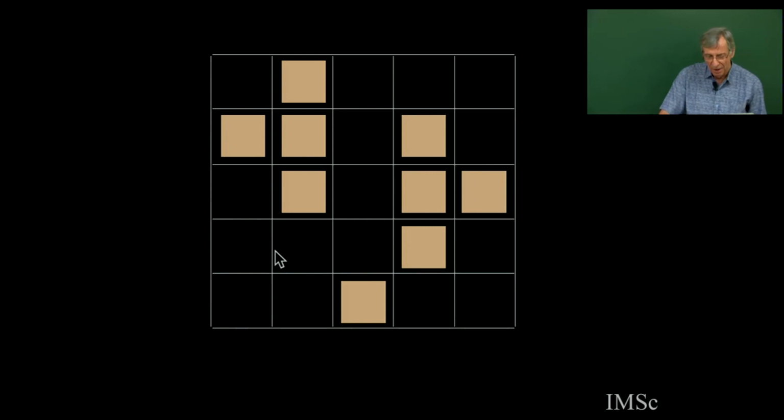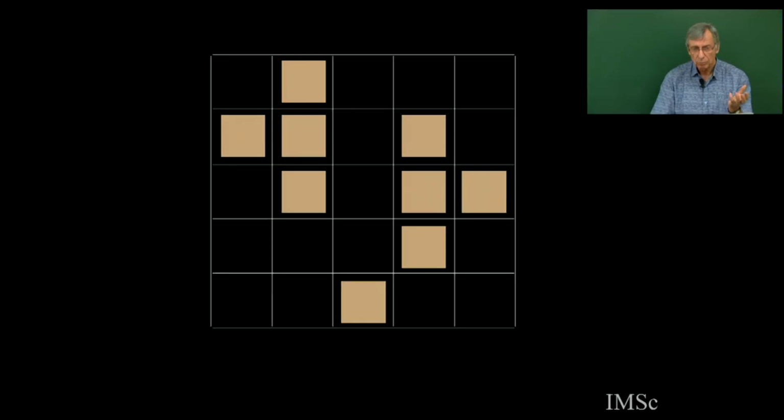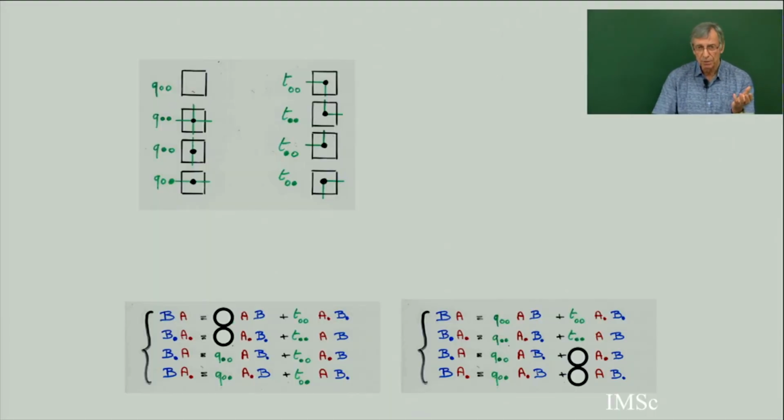So the idea is that when you work with a T, suppose you have a configuration. This is a configuration with only 2 colors, the white and this color, which correspond to these 2 equations here.